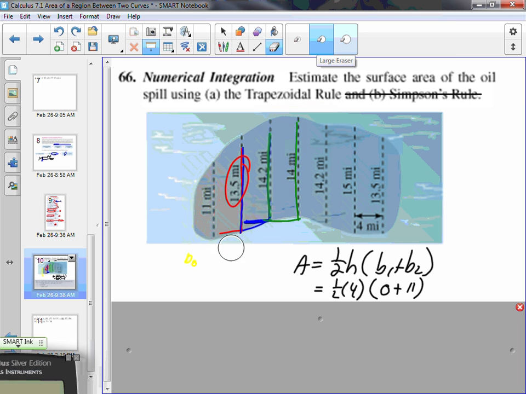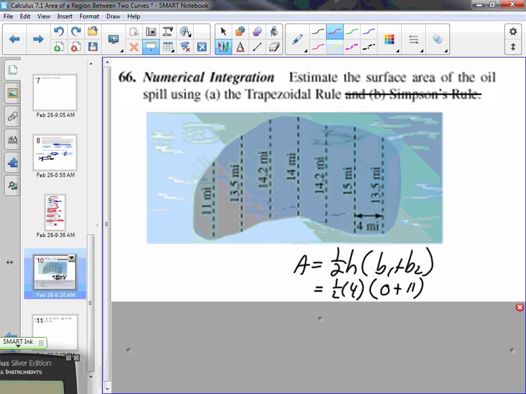So the 13.5 is in there twice. The 14.2 is a base of two different ones. So is 14. So is the other 14.2. So is the 15. So is the 13.5. And then you get down to another one that would actually be a triangle.